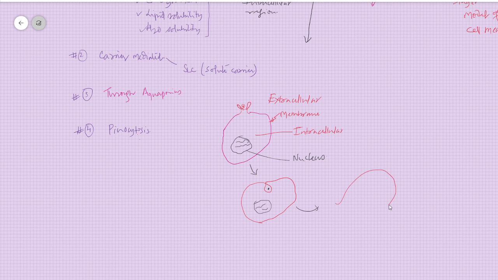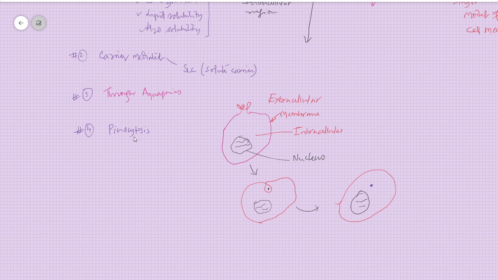So we've got this cell, here we have the drug, and this again is the nucleus. The drug which was in the extracellular environment, dissolved in extracellular fluid, gets into the cell by this mechanism, pinocytosis.